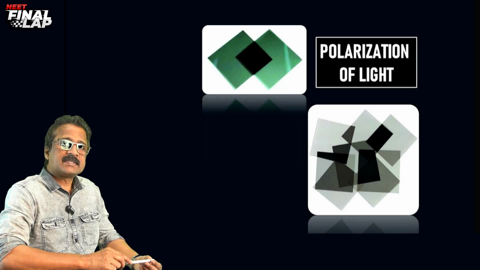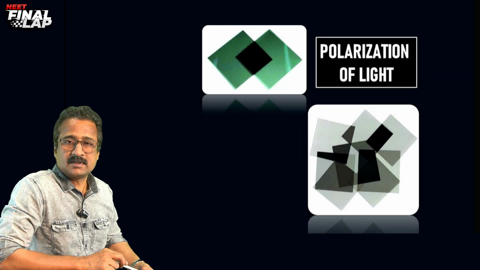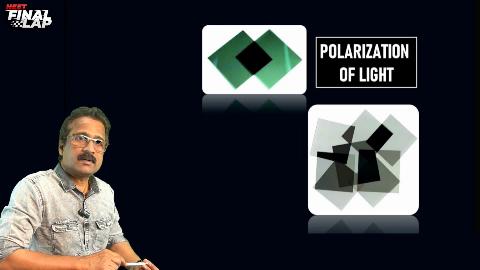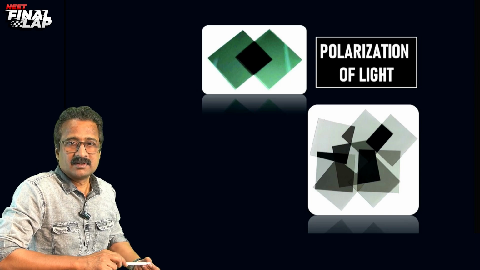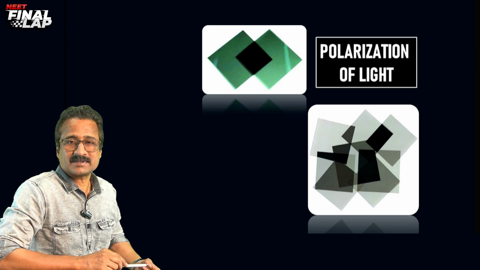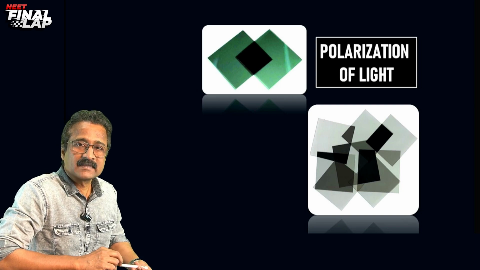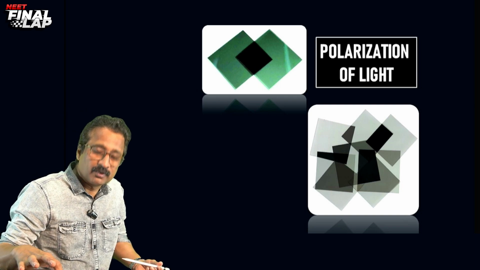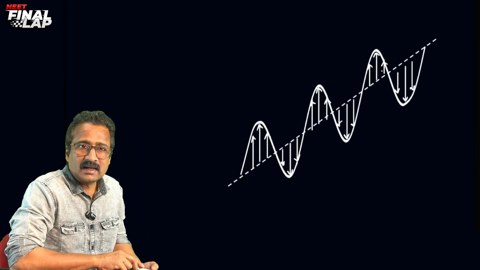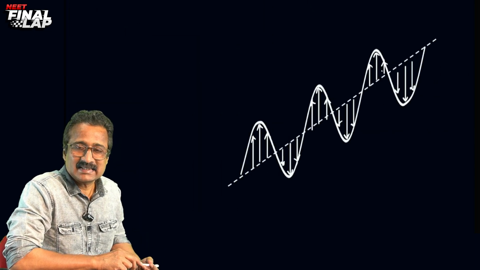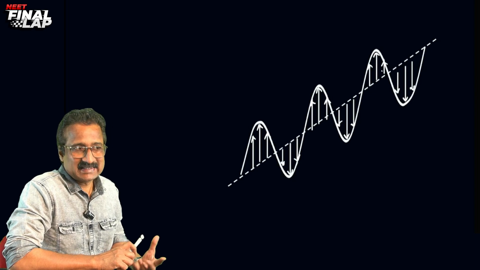Friends, polarization is another phenomenon which establishes the wave nature of light. And if light were a particle, as Newton suggested, light couldn't have been polarized. Certainly light is polarized because light has a wave nature. Now, to understand what polarization of light is, I'll ask you to consider light as an electromagnetic wave. What exactly is light?